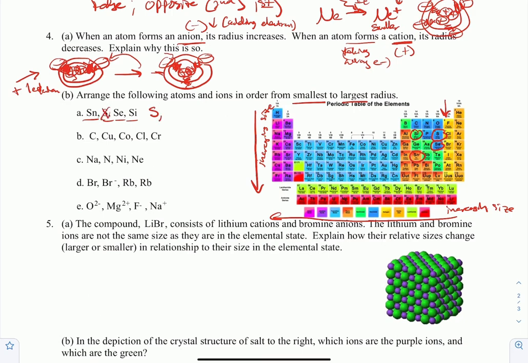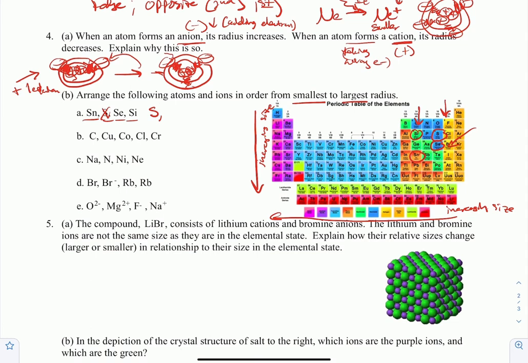Now a lot of people ask which way takes priority, going left or going down, in terms of size. For the next smallest one, you would actually choose silicon, because selenium is going to be bigger than both of them.